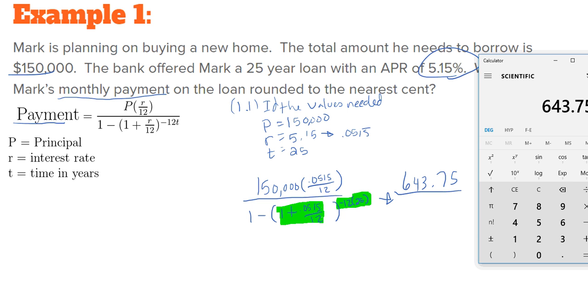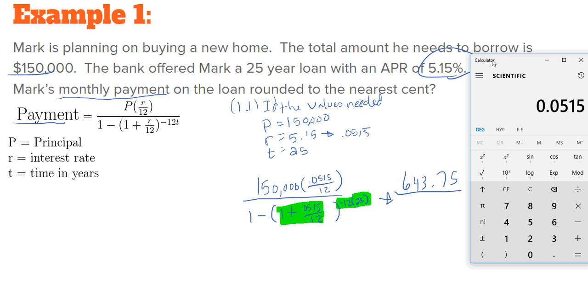So let's start with 0.0515. We're going to do 0.0515 and then divide it by 12. And then we're going to add 1. Then we're going to raise that, so we need to be in scientific mode.